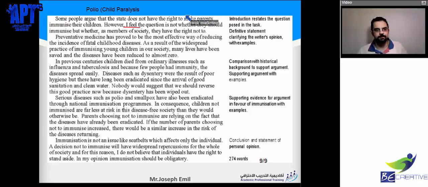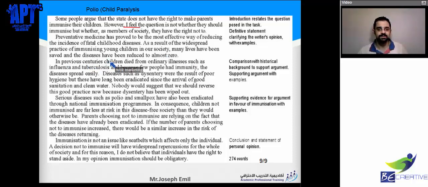This was a big problem back in the 1980s, child paralysis or polio, and as a result of vaccination, this disease has been reduced to almost zero.